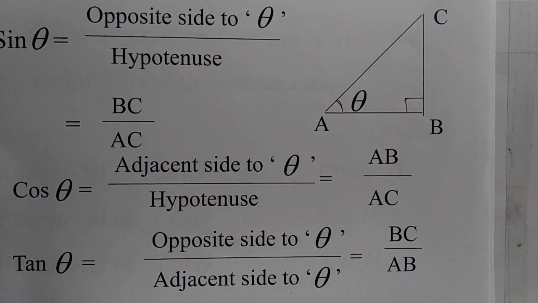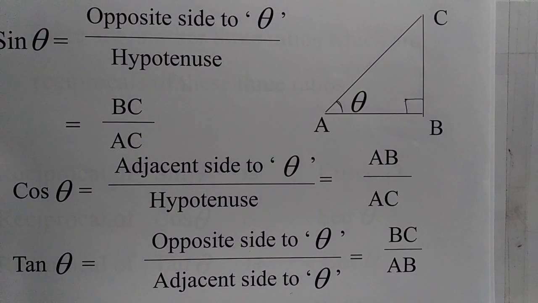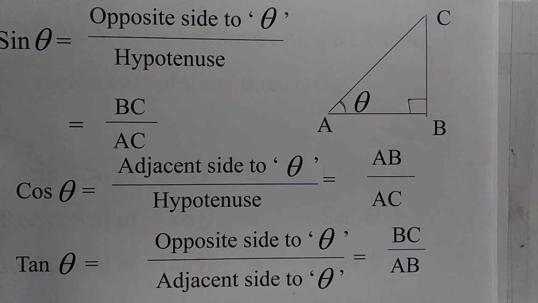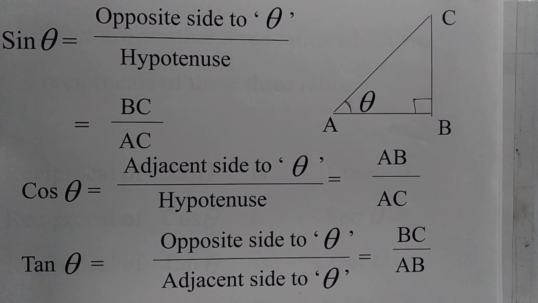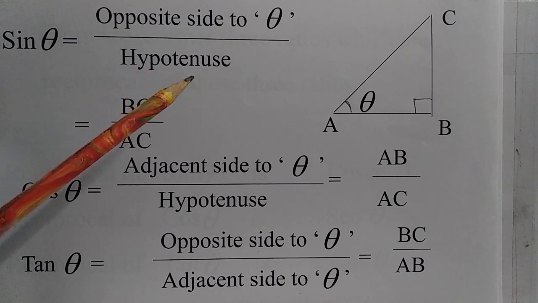Now we define trigonometric ratios. First one, sin theta. Sin theta is defined as the ratio between opposite side to theta and hypotenuse.